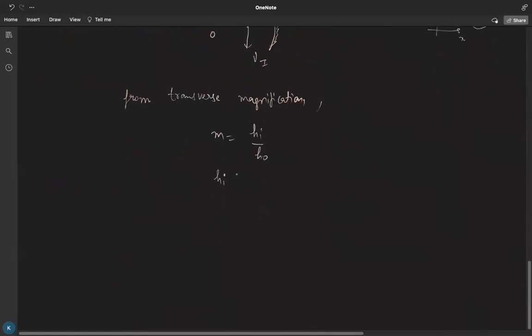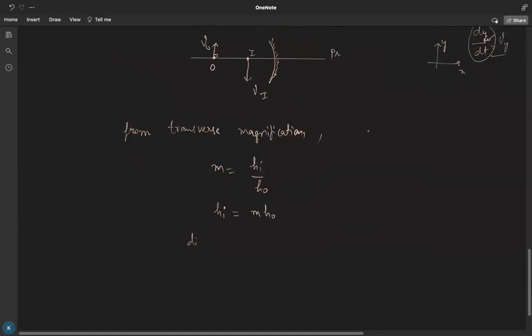So here, if I go through this equation, the height of image is equal to m times the height of object, right? And differentiate with respect to time, because we have to find dy by dt as I mentioned here.